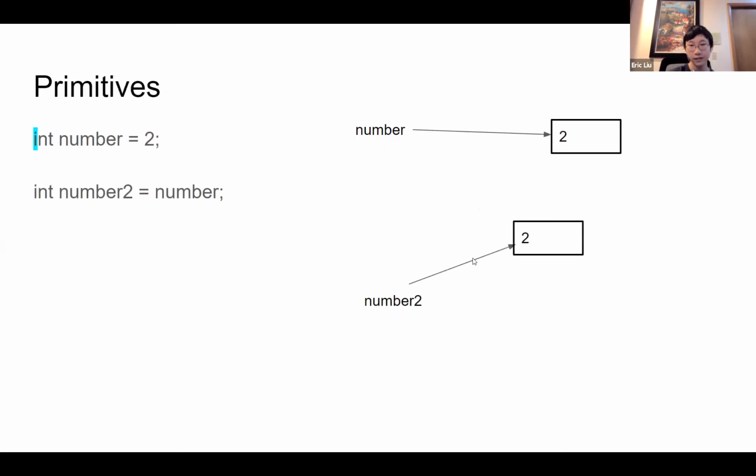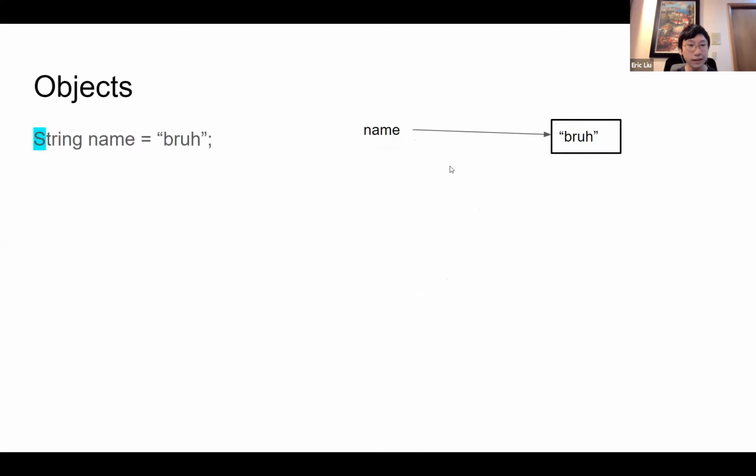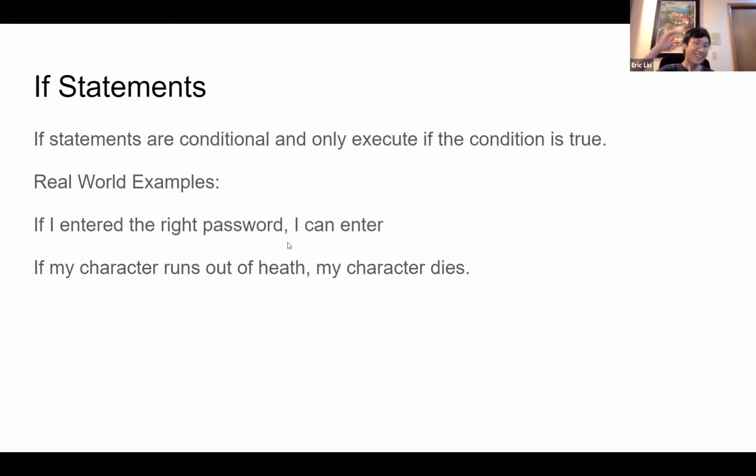If I go to the previous slide, you can see doing the same thing with a primitive makes a copy when you set number2 to number, but for strings it doesn't make a copy, it references the same object. And that's got something to do with if statements, so that's why I put it there.